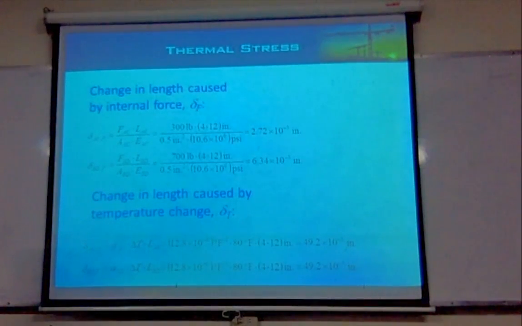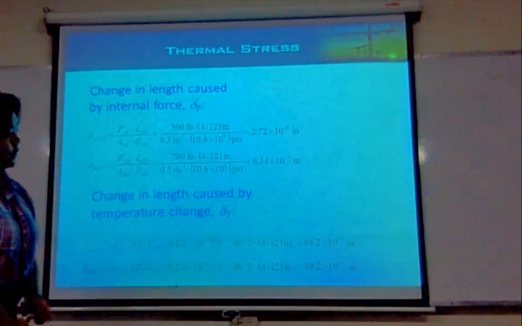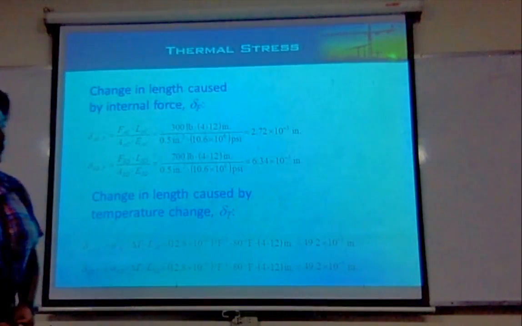Change in length caused by temperature: since both rods are of the same material and the same original length, we have the same value of change, 49.2 times 10 to the negative 4.